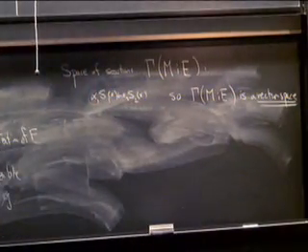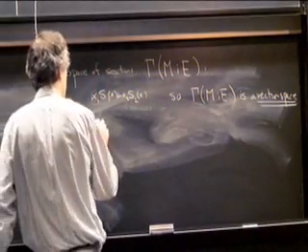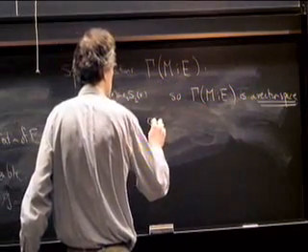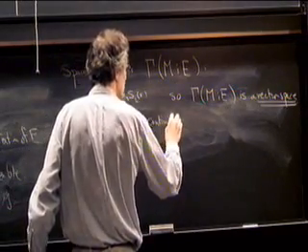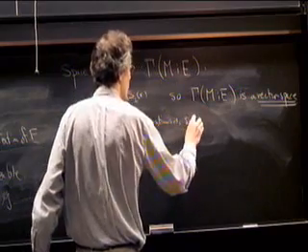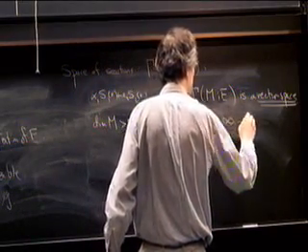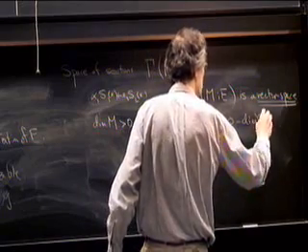Now, if the dimension of M is positive, and we're talking about continuous or smooth sections, then it's an infinite dimensional vector space.